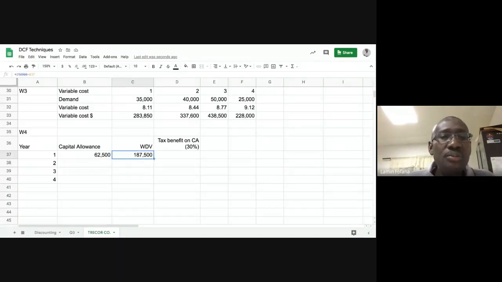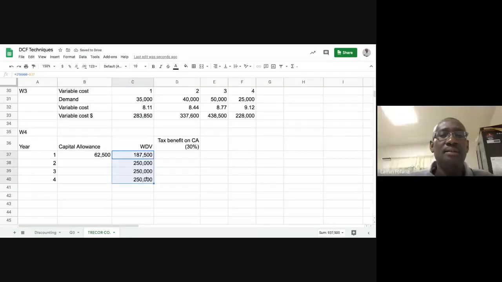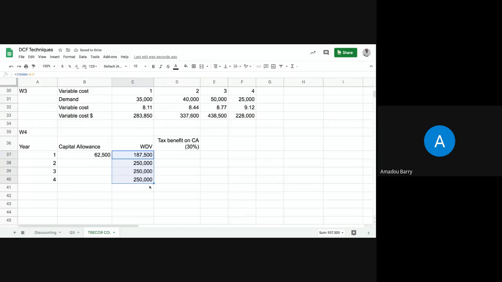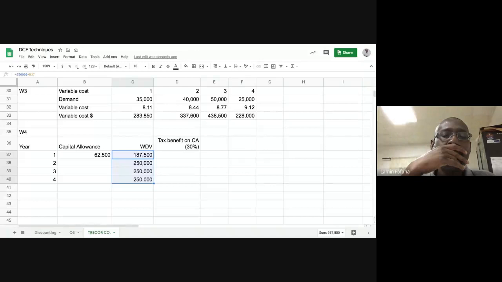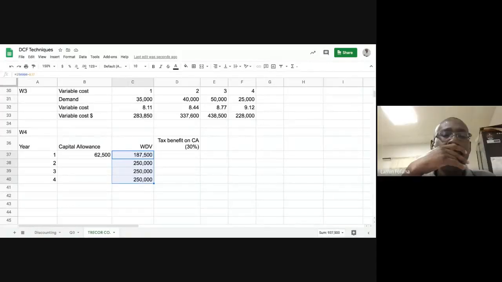So this is going to be the same for all of them. So I just do. Mr. Popona. Yes, sir. Why don't we do it in this way? First year, 250,000. Then we have the lifespan of the asset, which is 4 years, right? Now instead of this WD, you can have the year in that column. Now when you divide that by 250, you have the net book value on the other side, right?